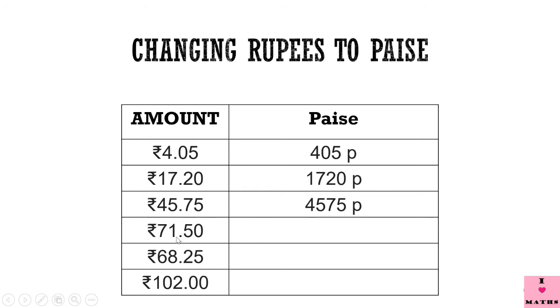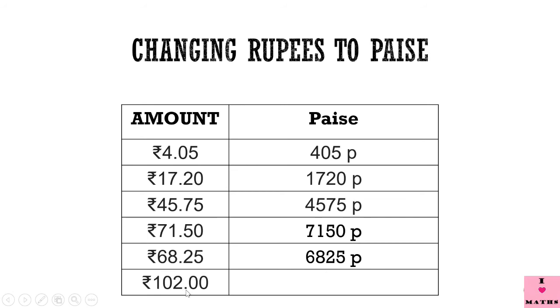Now rupees 71 and 50 paise is equal to 7,150 paise. Rupees 68 and 25 paisa is equal to 6,825 paise. See children, we have removed the point and we have removed rupees sign.